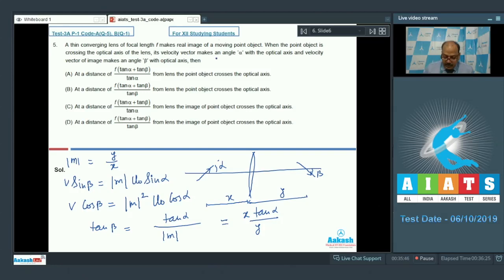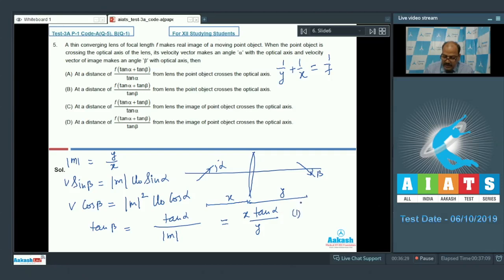Further applying the lens formula, we have 1 by y plus 1 by x. You know the formula is 1 by v minus 1 by u is 1 by f. So here x is minus u or u is minus x. So 1 by y plus 1 by x is equal to 1 by f.